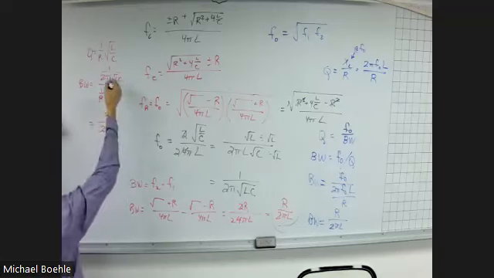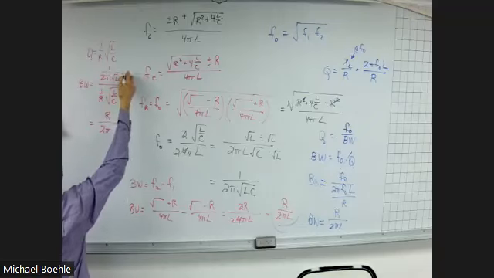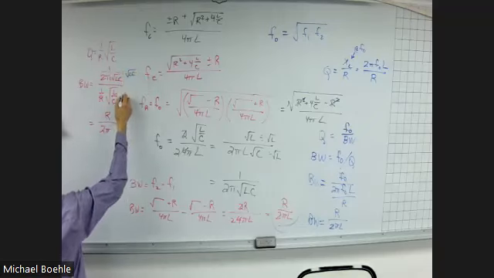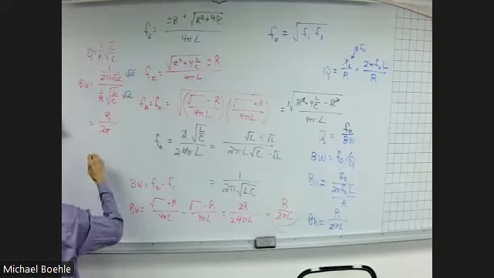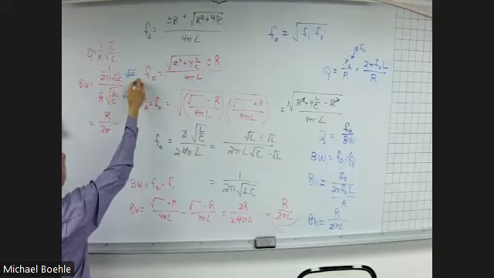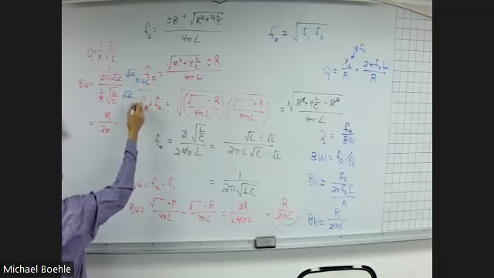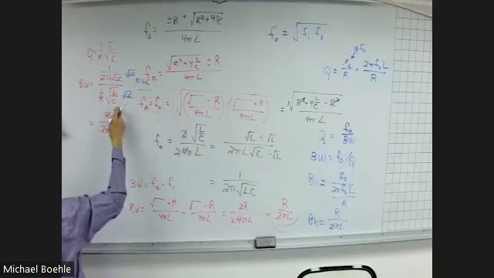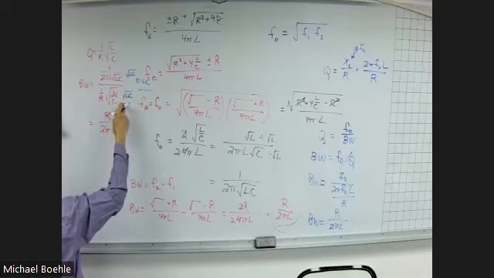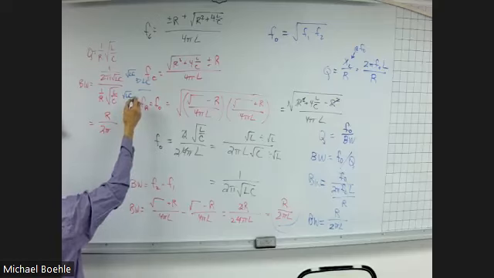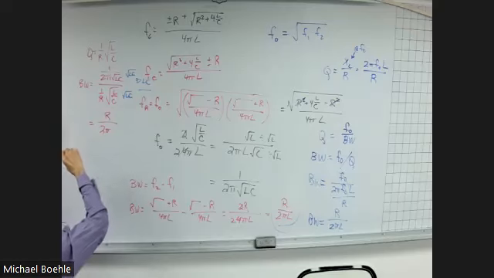So what I'm going to do here is multiply the top and the bottom by the square root of LC. Which up top becomes LC. And on the bottom becomes square root of L times square root of L, which ends up being L.